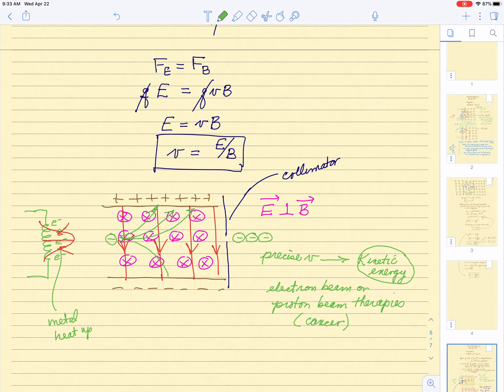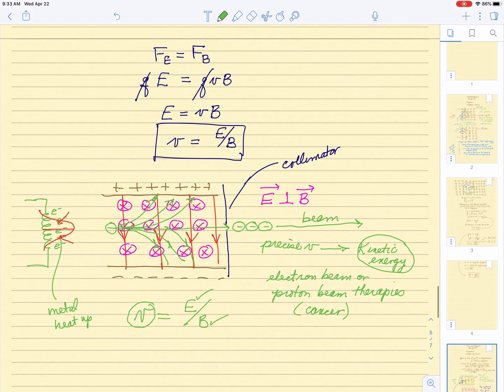Some will be affected more by magnetic fields, depending on the speed. And for that special speed, which is governed by E over B, we can dial in E, we can dial in B to be able to get out a speed which is very precise. They're the ones that are going to come through unscathed, and that's going to form this beam of electrons that can be used for therapy, perhaps, or for some other kinds of experiments.